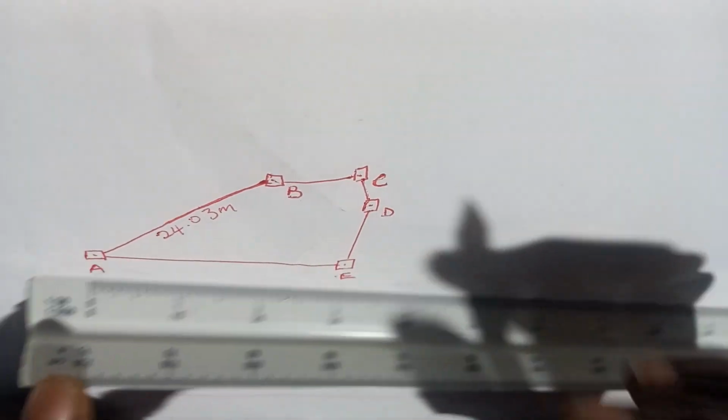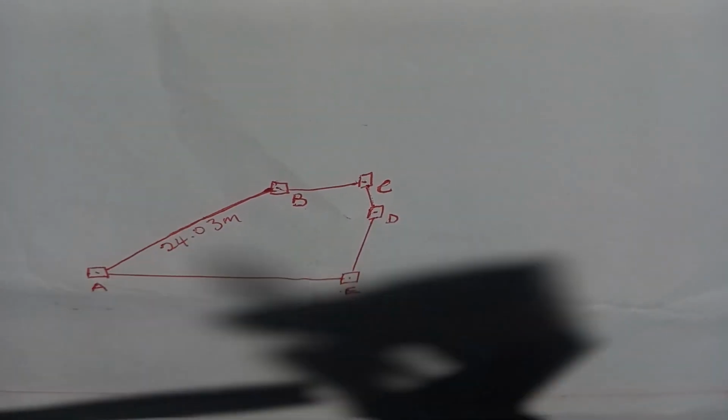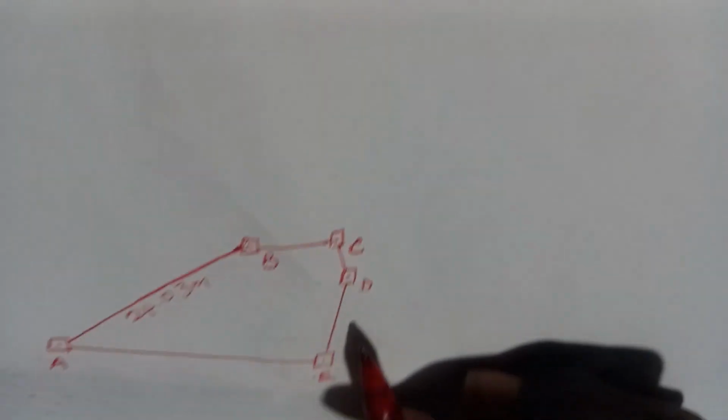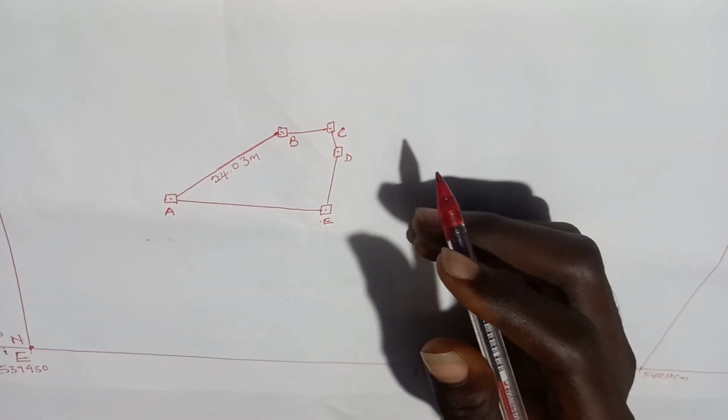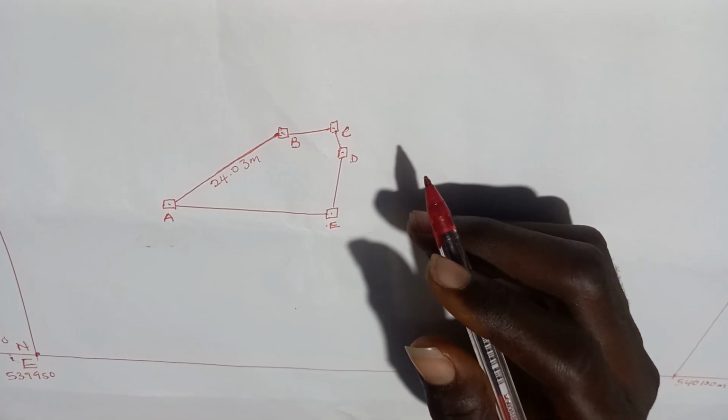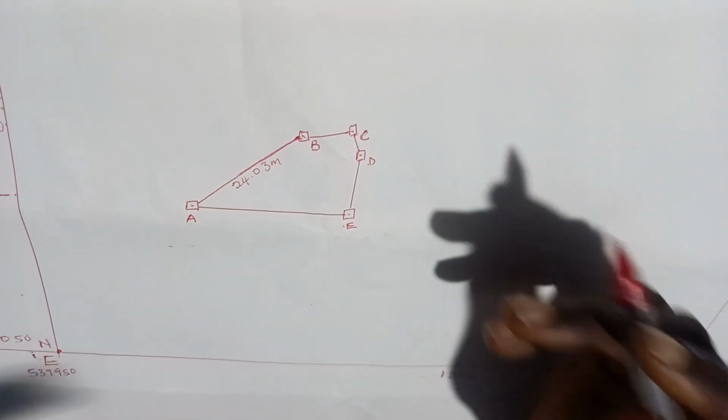So you bring it here and observe the distance again until you obtain the distance round, and write the distance, and that is how to plot.